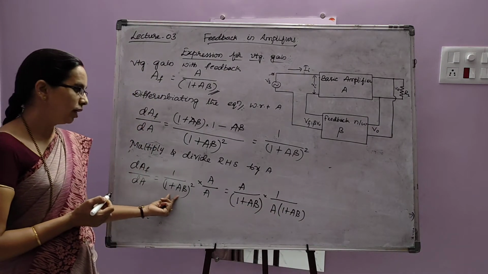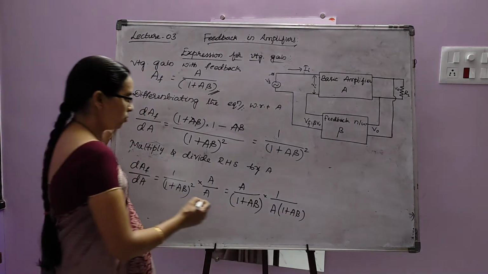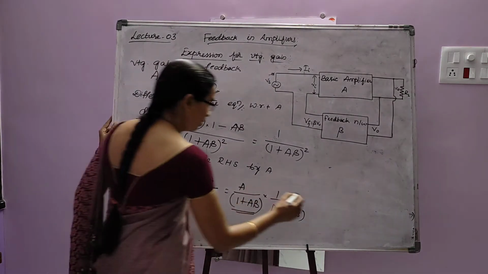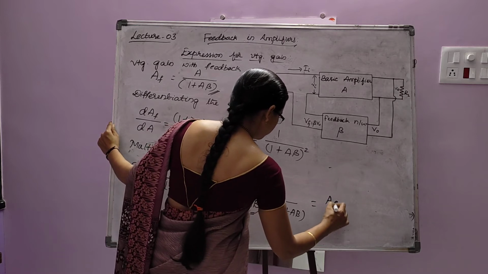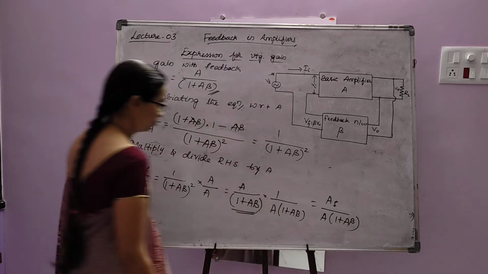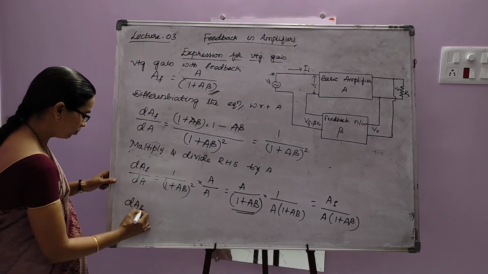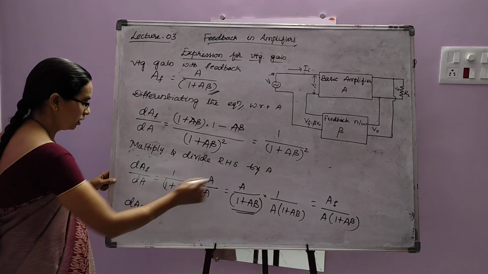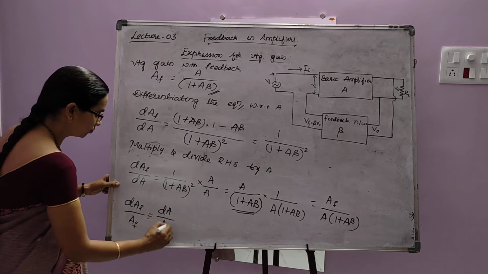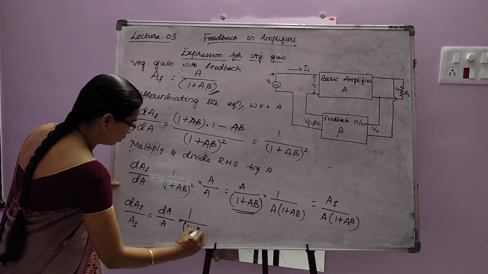I have the square here, and I have written it twice. So A by 1 plus A beta can be written as AF by A into 1 plus A beta. So dAF by AF is equal to dA by A into 1 by 1 plus A beta.